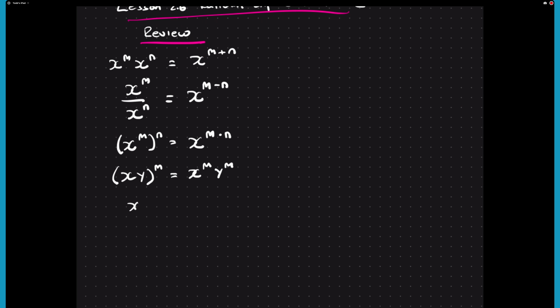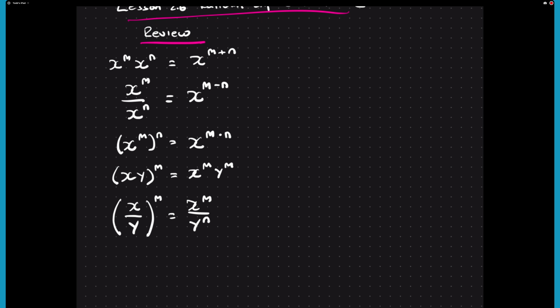Next, what if we have that as a fraction, in brackets raised to the power of m? That is going to be x to the m over y to the m.